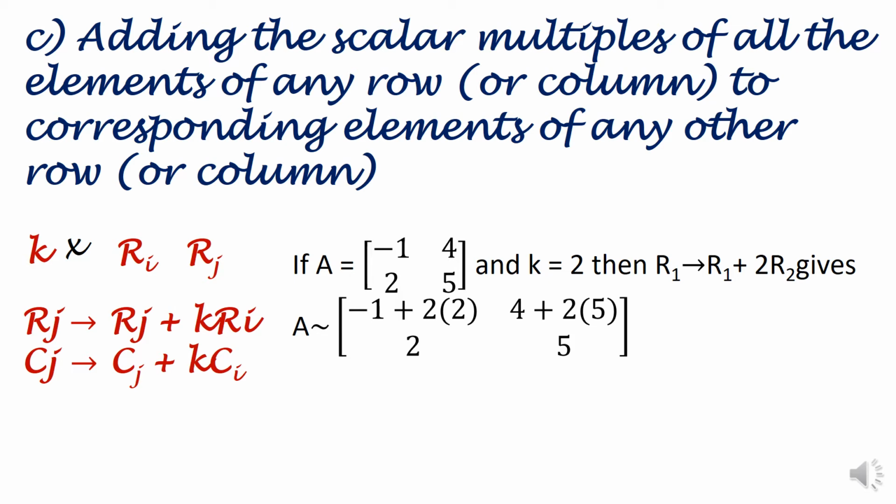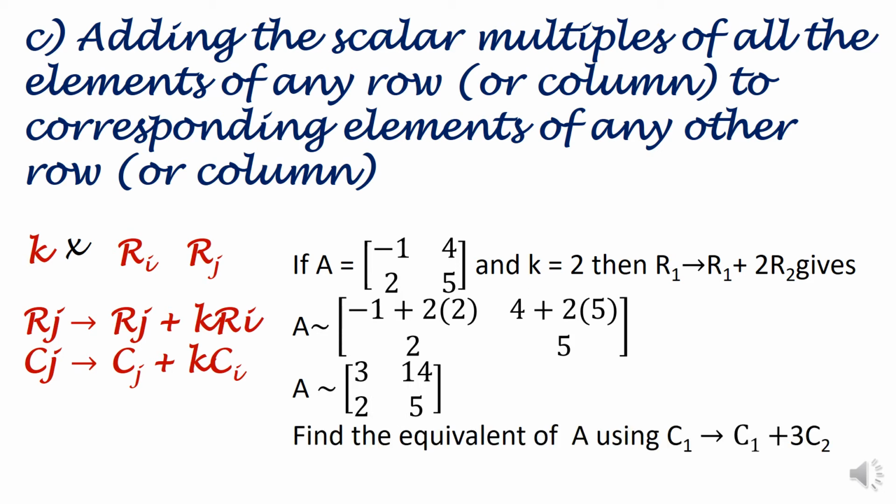Now R1 plus 2R2, that is minus 1 plus 2 into 2. Note that the 2 in the bracket comes from the second row element. Similarly, 4 in the 2nd position now becomes 4 plus 2 into 5. Thus we get the value for A. Now you can do this transformation and see in your mind where you are changing C1 to C1 plus 3C2.